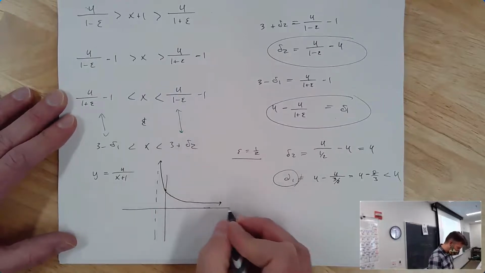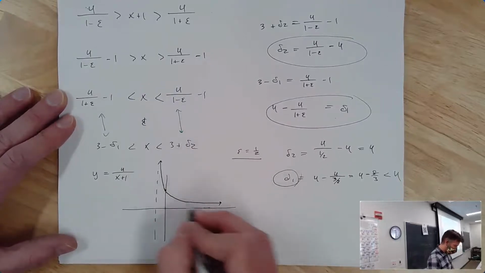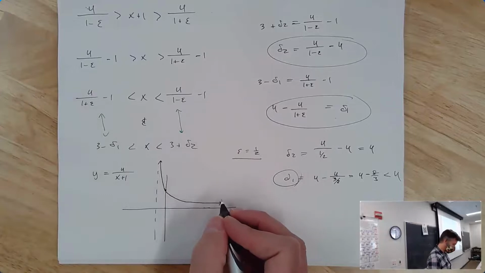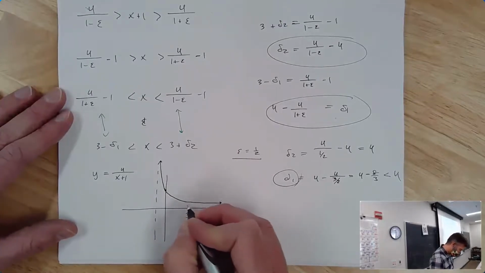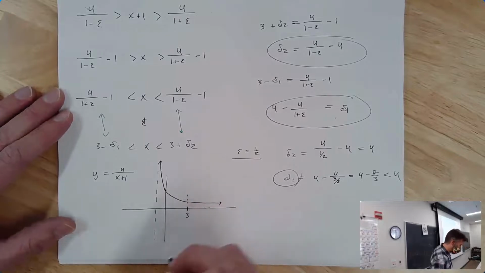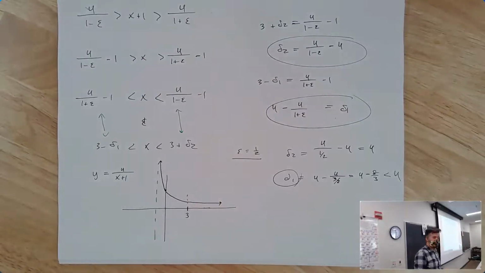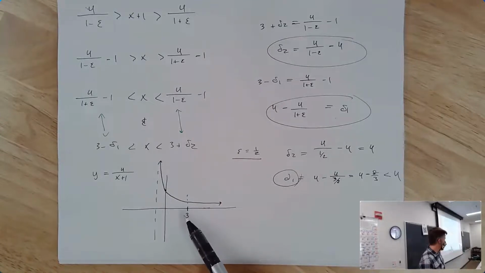And I'm just going to say, no matter what point I pick over here, we're picking 3 because that's what x is getting close to. But no matter what point I pick over here, let me ask you all: is this thing steeper on the left side of 3 or the right side of 3? I know my picture's not great. It's definitely steeper on the left.